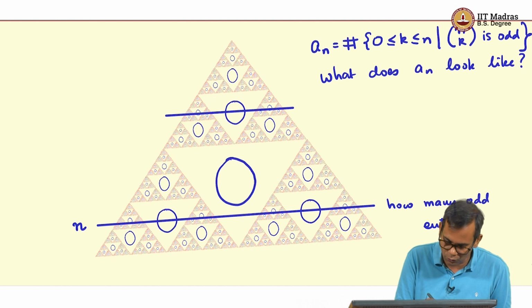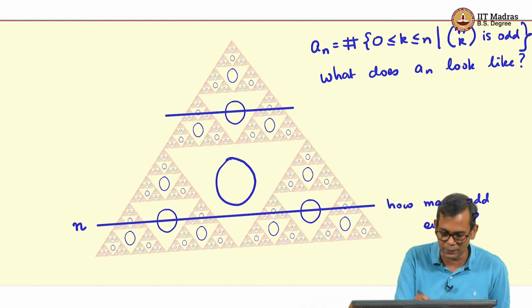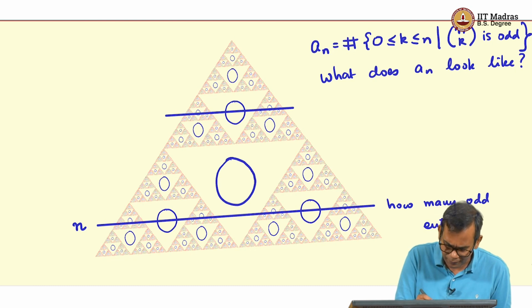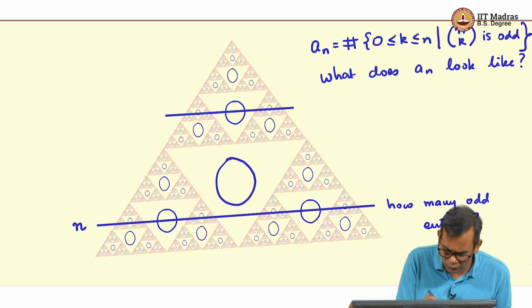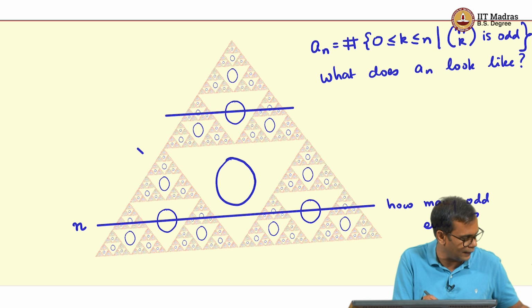So, this row has twice as many odd numbers as the row above. What is the number corresponding to the row above? Let us see, in this example, over here we have row number 2^k minus 1, and then row number 2^k.